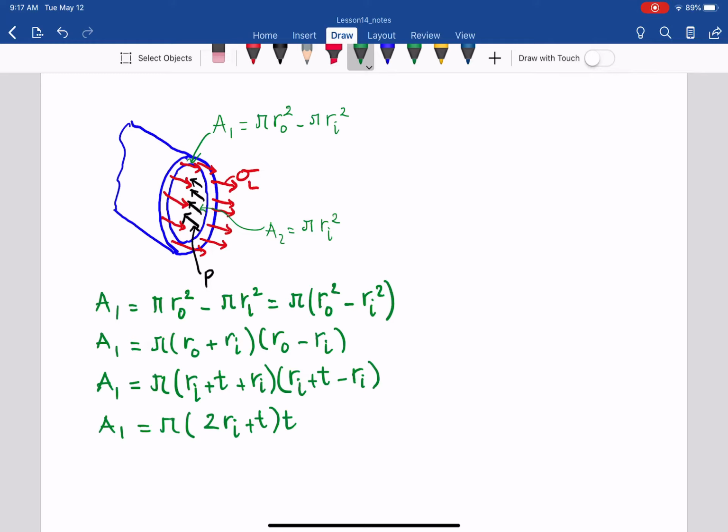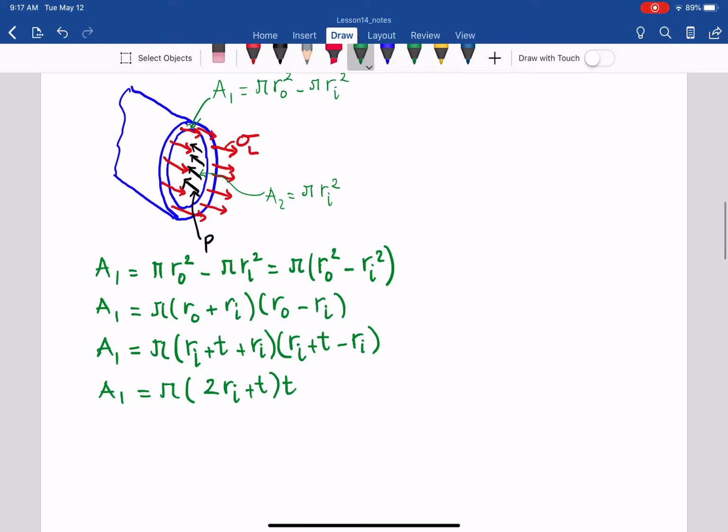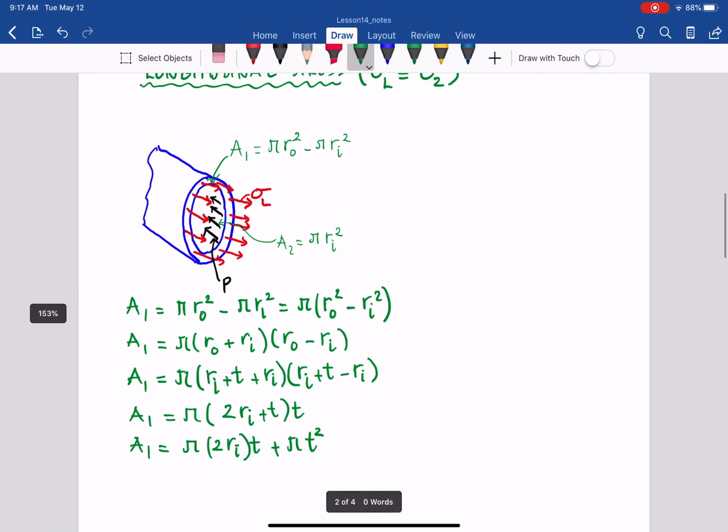So we can write A1 equal to pi 2 Ri t plus pi t squared. So that is the area A1.